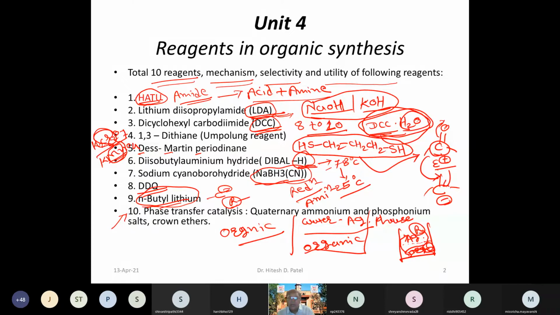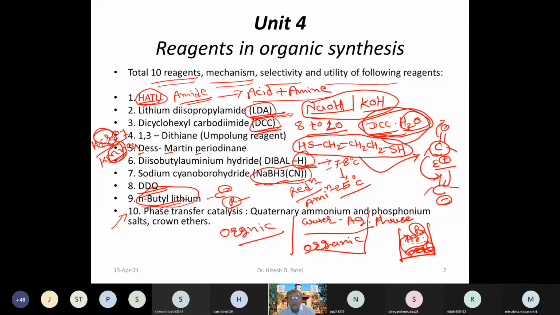Now it is difficult to shift CN from aqueous phase to organic phase. But when we add the phase transfer catalyst, it will bind with CN, and CN will migrate from water to organic phase. And then after the cyanation reaction is completed, again the phase transfer catalyst will be free, and again it will reach the aqueous phase. So it is a continuous cycle, and based on that we can carry out several reactions.